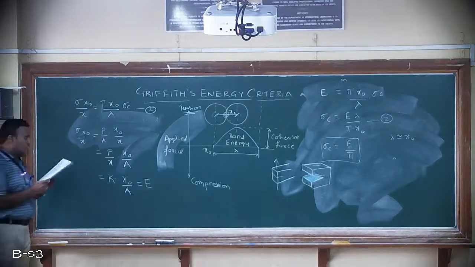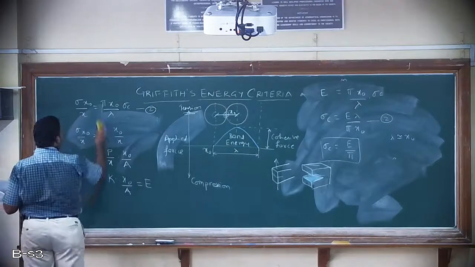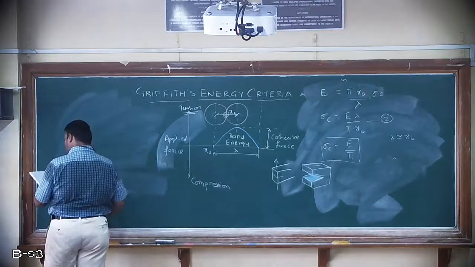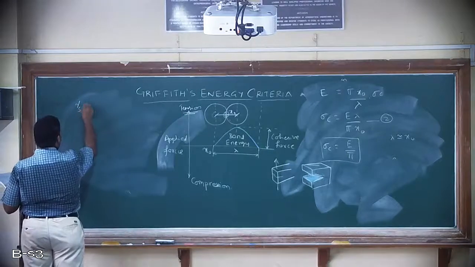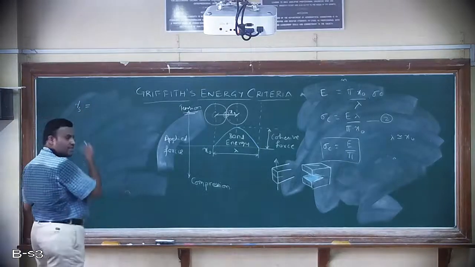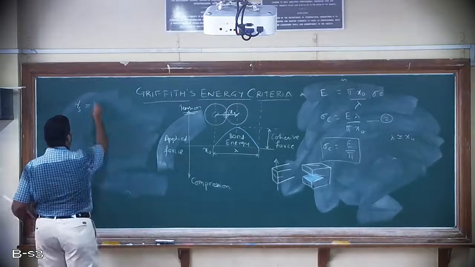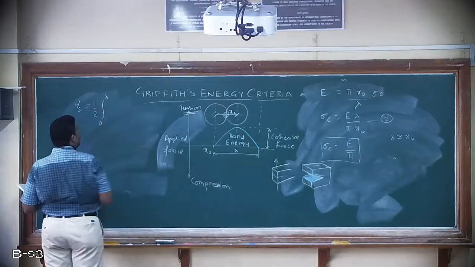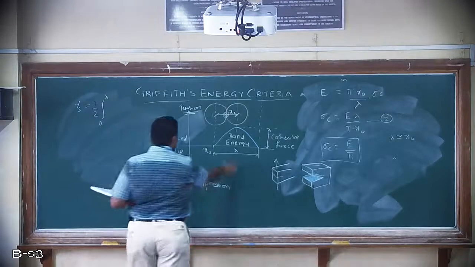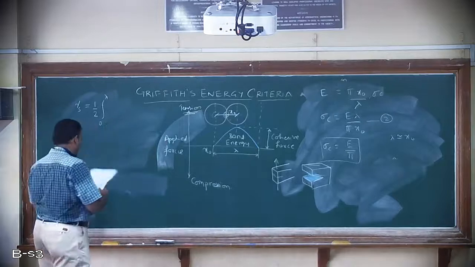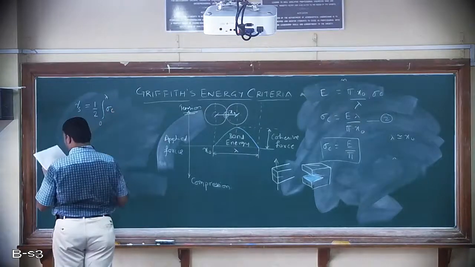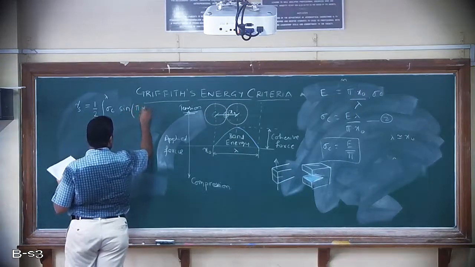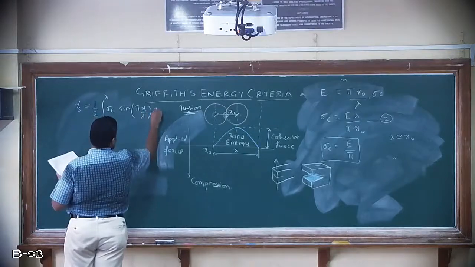So the equation for creation of one surface is given by gamma s, whatever you take. That is the energy required to create one surface. So we write this as half into integral 0 to lambda, because the surface has to be created for the length lambda, of sigma c, that is the cohesive stress, into sine of pi x by lambda dx.